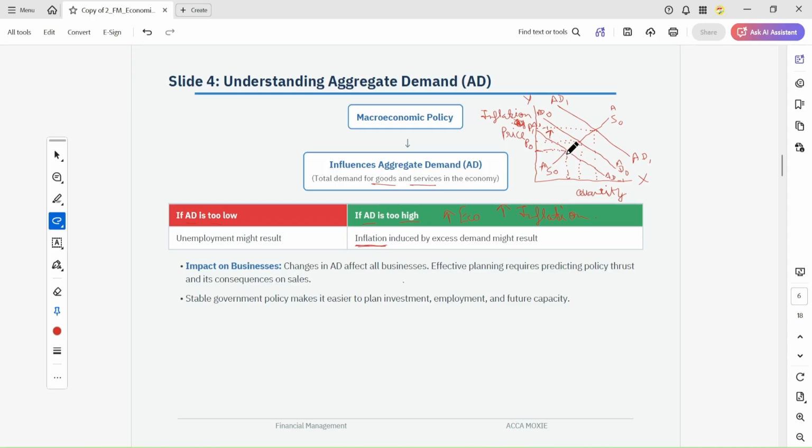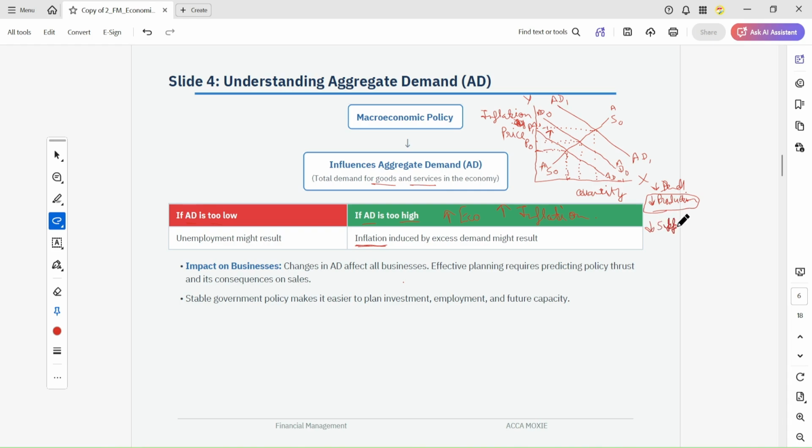When the price decreases, that means the demand decreases. When the demand decreases, the company will not produce. So companies will not produce. Production will reduce. When the demand reduces, the production will also reduce. Okay, so the production reduction means the supply will be reduced.